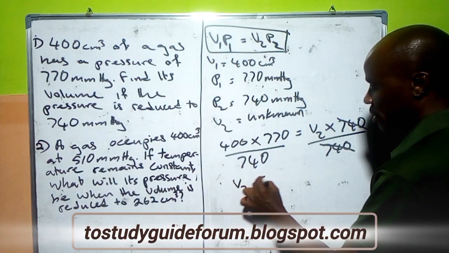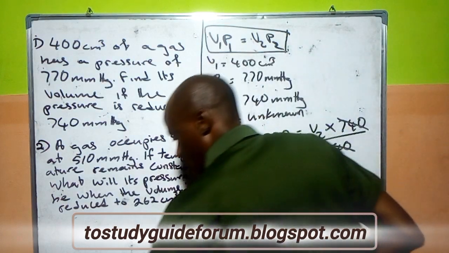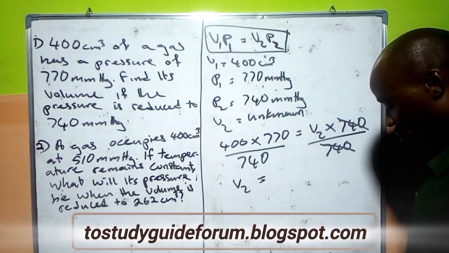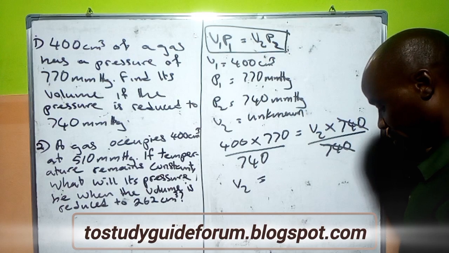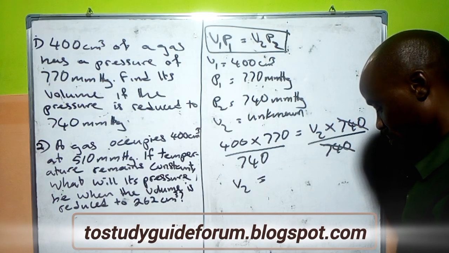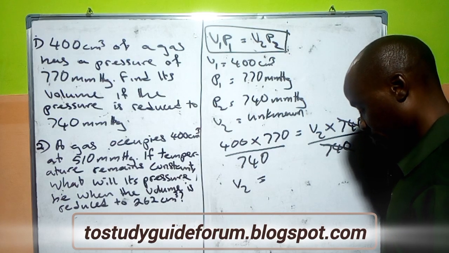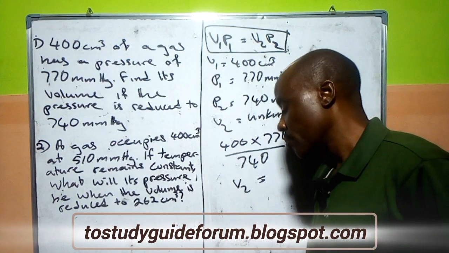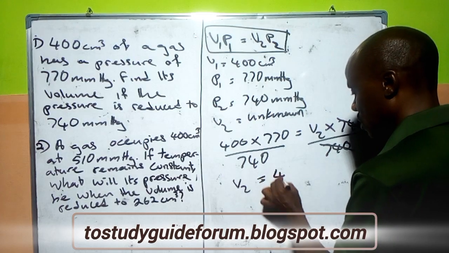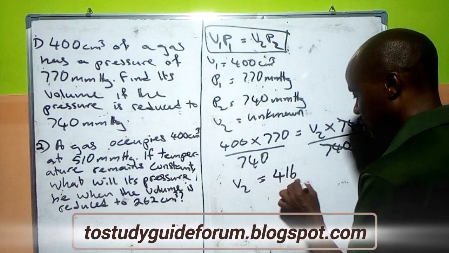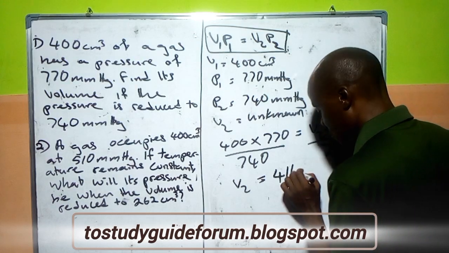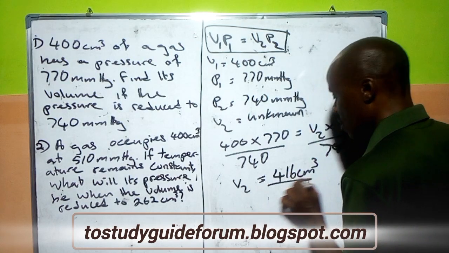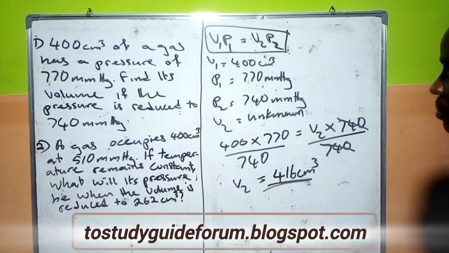So our V2 will be, let me just go through it on this calculator, 400 times 770 divided by 740. What we have will be approximately 416. Since we are talking about volume here, it's approximately, yes, cm cube. That's for the volume, the new volume that we have.